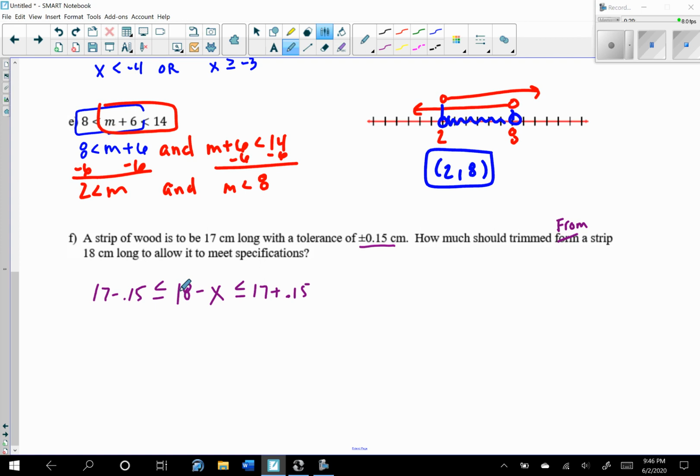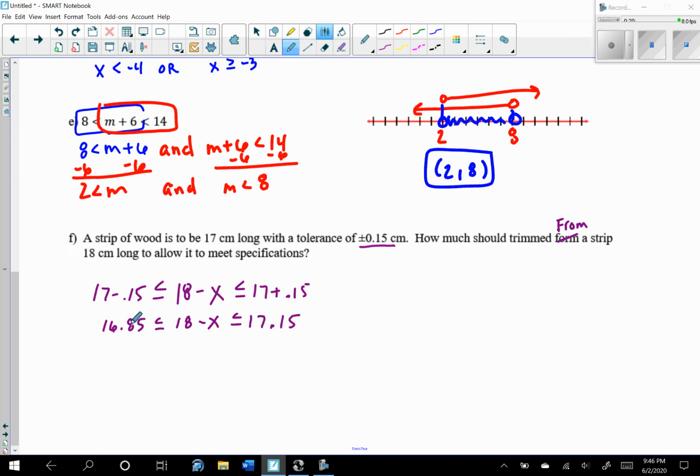So then the next step would be to go ahead and solve this. So 17 minus 0.15 is 16.85 is less than or equal to 18 minus whatever we cut, which is less than or equal to, and if you add these together, you get 17.15. And so now we can go ahead and solve this inequality.